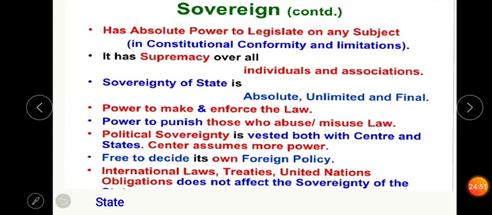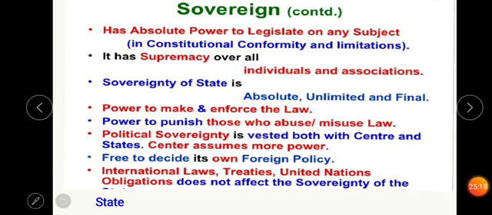Now, political sovereignty is vested both with the center and the states. The center assumes more power and is free to decide its own foreign policy. India can decide its own policy, like ease of doing business.